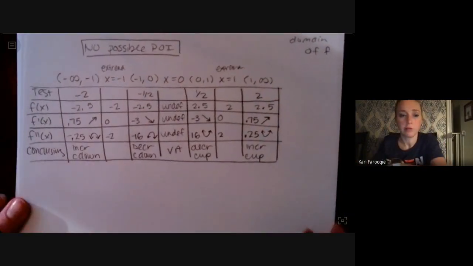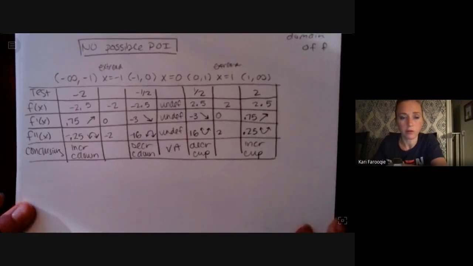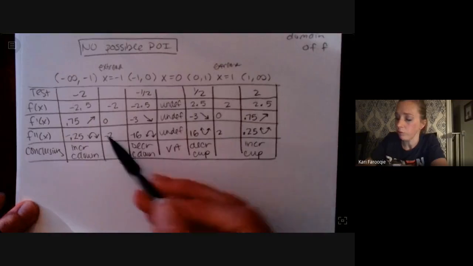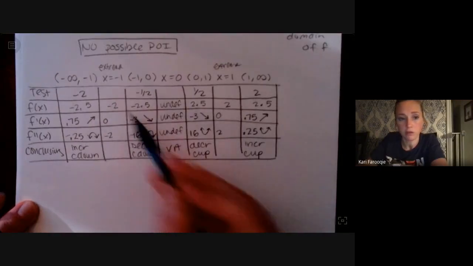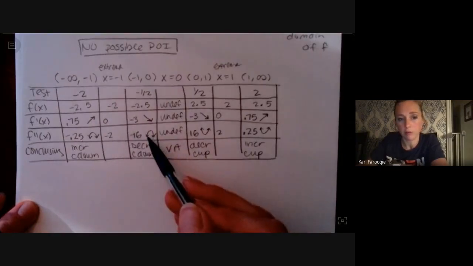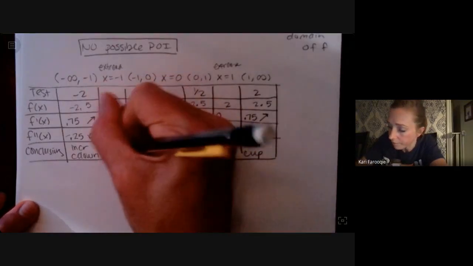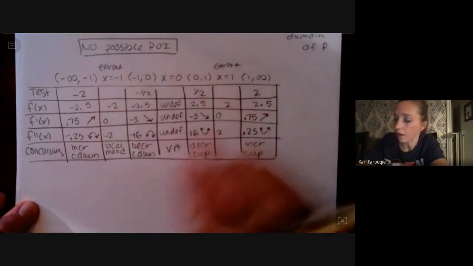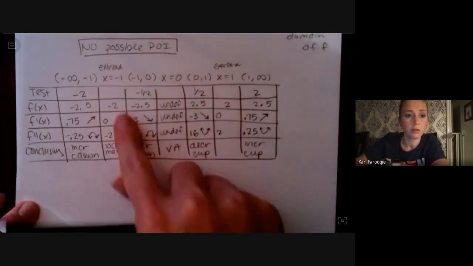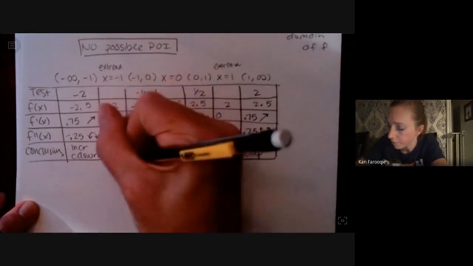We had local mins and maxes occurring at -1 and 1, so now we can figure out which one was which. We went from increasing to decreasing at -1. So that means that we have a local max at -1, -2.